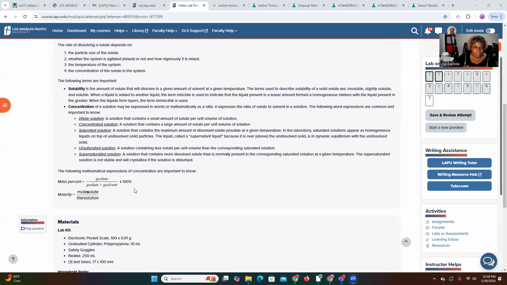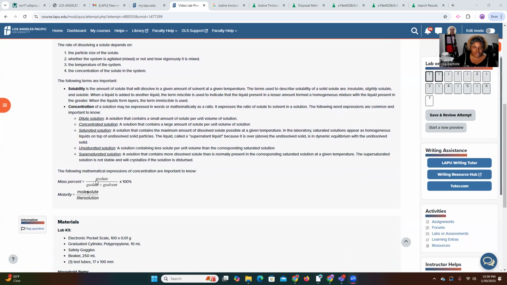The other thing that is important in this section is the two calculations that you will be working on. One is the mass percent, and it's g solute over g solute plus g solvent. When you're doing this calculation, there are a few things I want to point out.